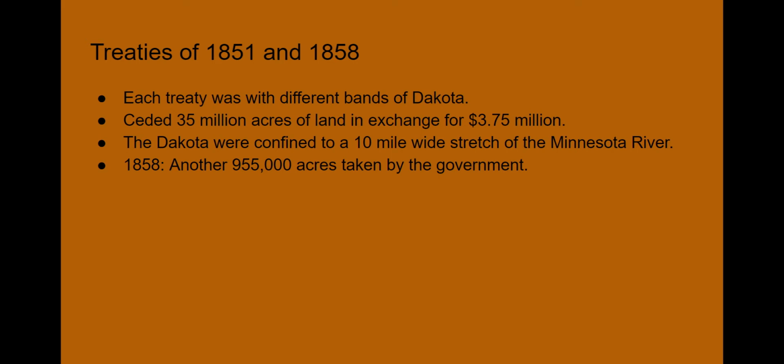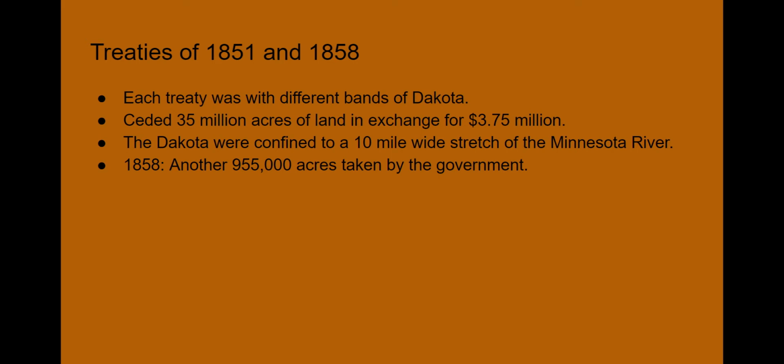It's basically a 10-mile wide by 100-mile long stretch of the Minnesota River from New Ulm northwestward up to the South Dakota border. And in 1858, another 955,000 acres were taken by the government in a separate treaty.